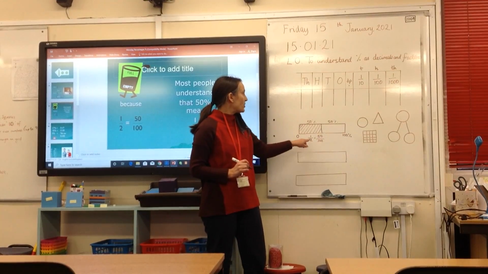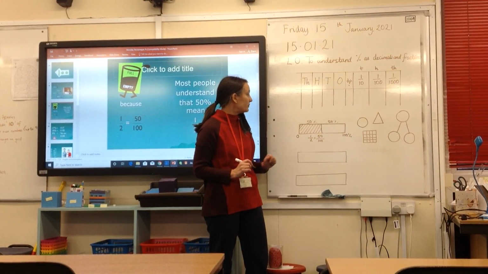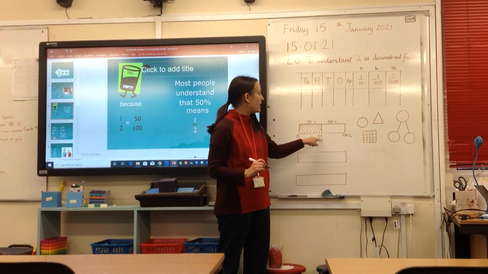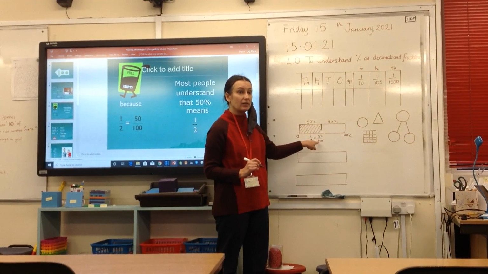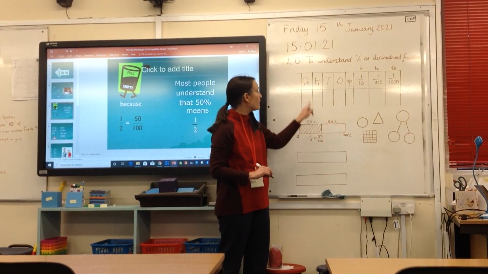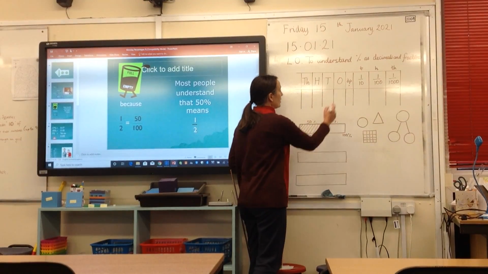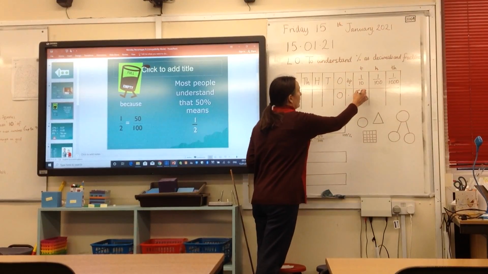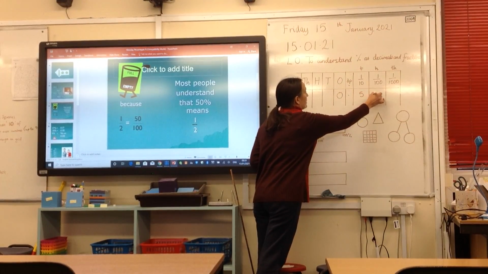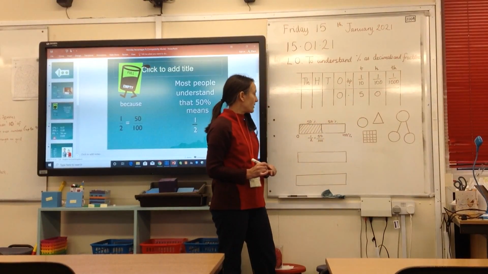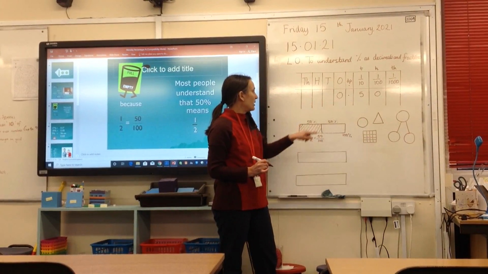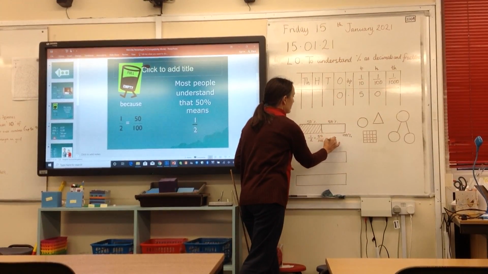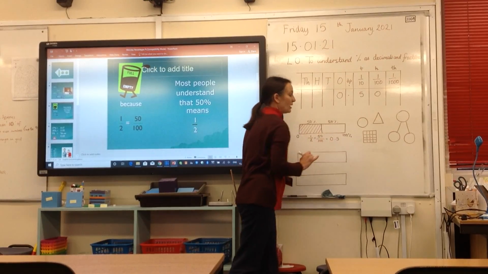When we're also thinking about that as a decimal, if we've got our 50 hundredths, and we write that into our place value, we've got our 0 ones, our decimal place, our 5 tenths and our 0 hundredths. So that would be our 50% as a decimal.